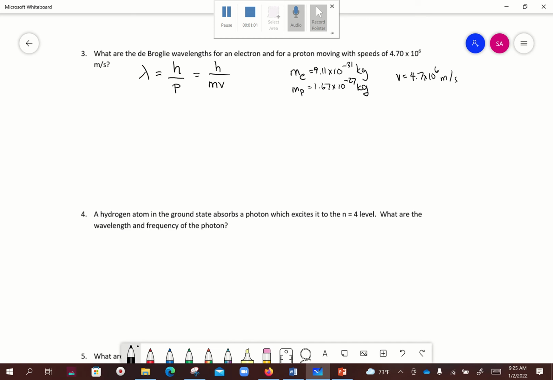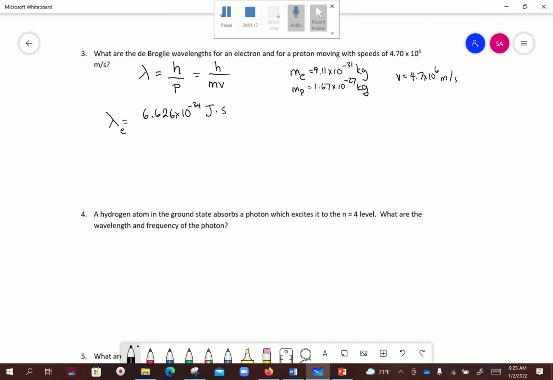So basically we want to compare the two wavelengths. Which one has a longer wavelength? All right, so lambda for the electron is going to be h, Planck's constant, 6.626 times 10 to the minus 34 joule seconds.